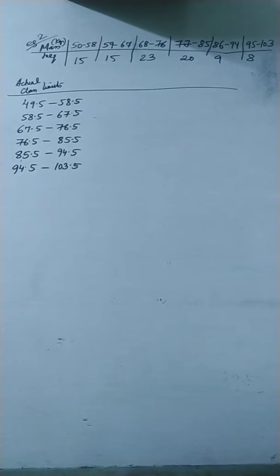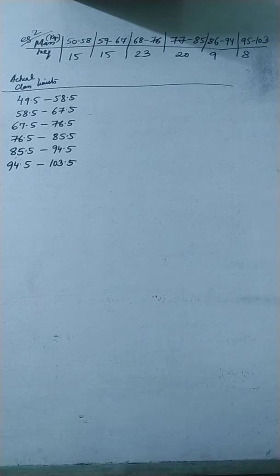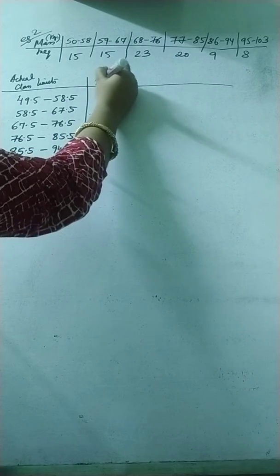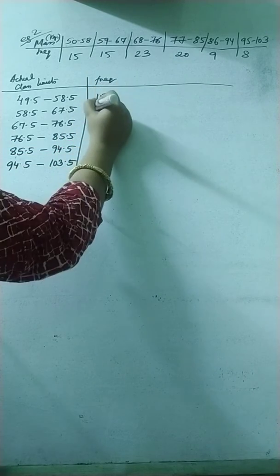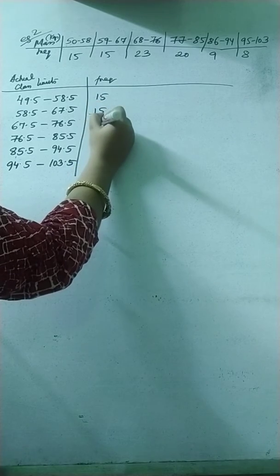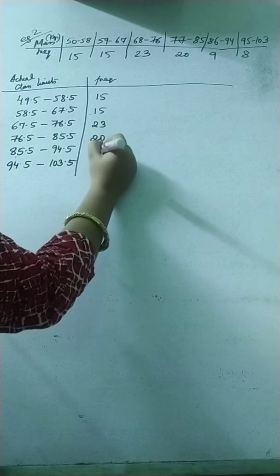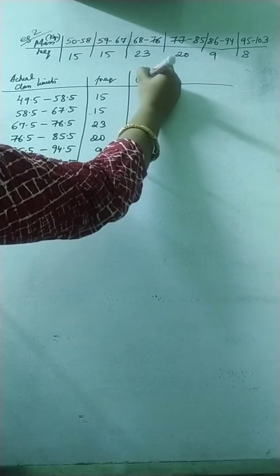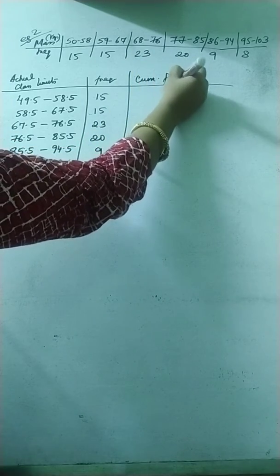So let us write down what the cumulative frequencies are. First the frequencies. Frequencies are 15 over here, 15, 23, 29, 8. Next comes your cumulative frequencies.